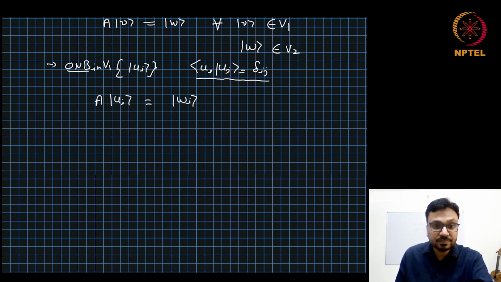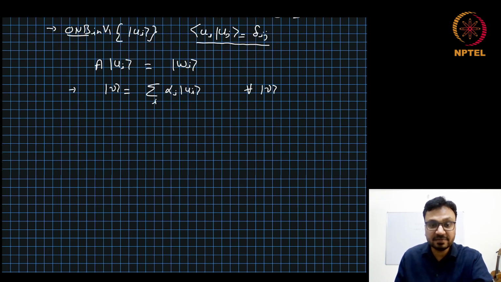In other words, any vector V can be written as the sum over i of alpha i ui, and we of course find different alpha coefficients. The alpha i are given as the inner product of ui with V.